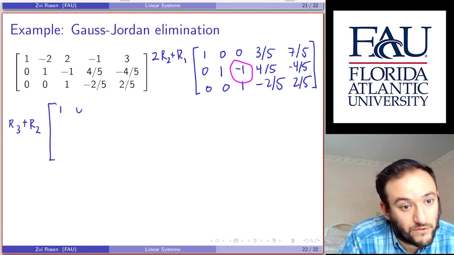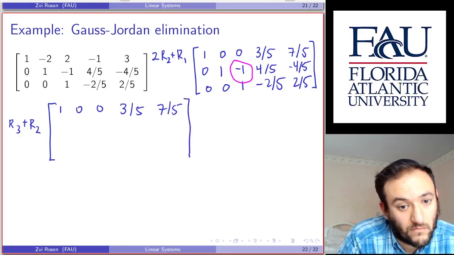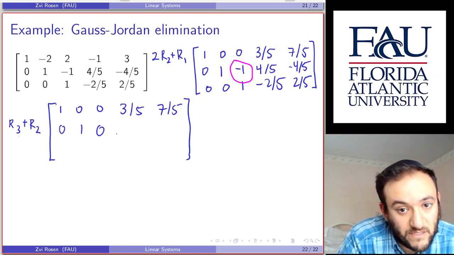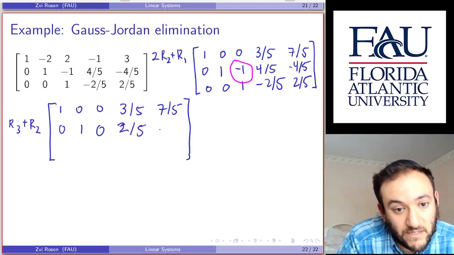So the first row stays the same. The second row now becomes 0, 1, and now we add the third row. So this becomes 0, this becomes 2/5, and this becomes minus 2/5. And this stays the same.